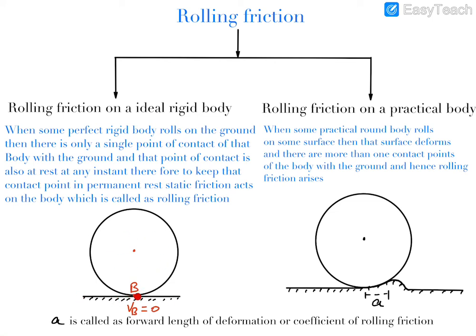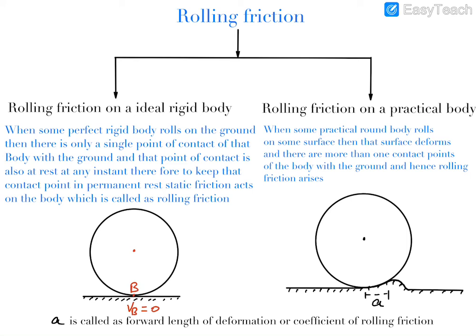So there is only one contact point of that body with that surface. This contact point is at rest at any instant if the body is purely rolling, and we have already discussed that in the case of pure rolling, the velocity of this point B will always be zero.